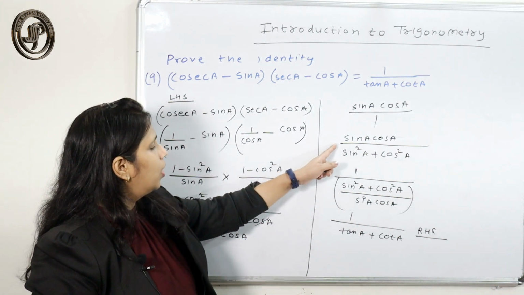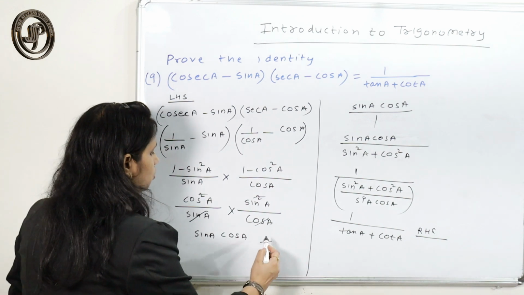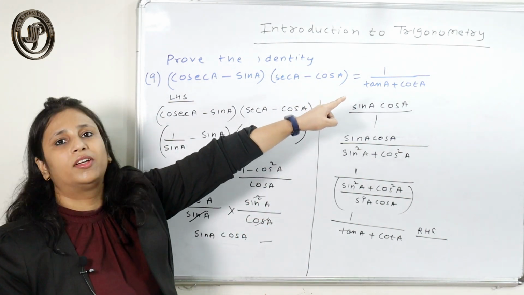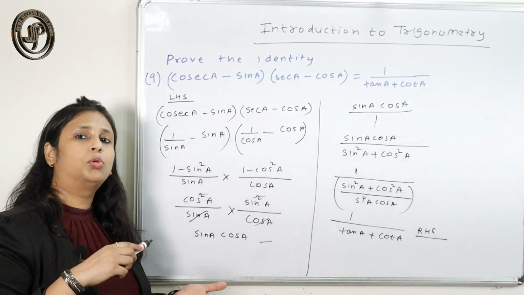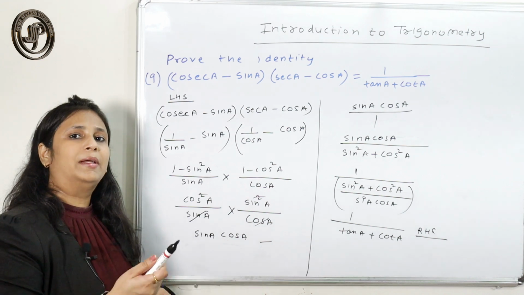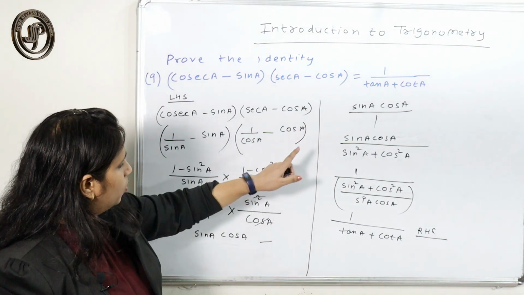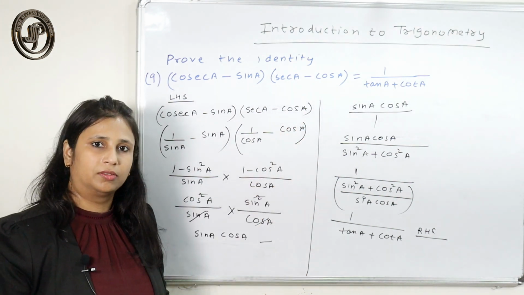Here if you don't use this special trick, even you can solve this sum that way, that is your LHS, and you can further simplify your RHS. Then you will get sin A cos A. So you can do this question that way, by making LHS RHS equal. Or otherwise, if you want to solve this only by LHS, then you can use this method.